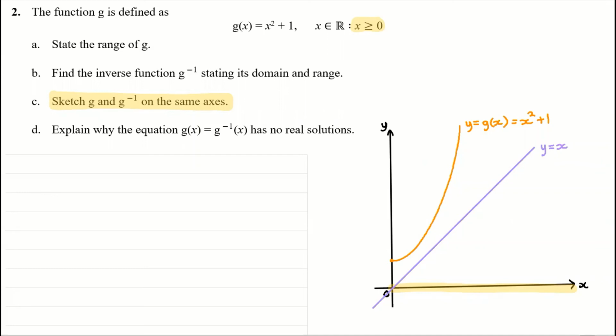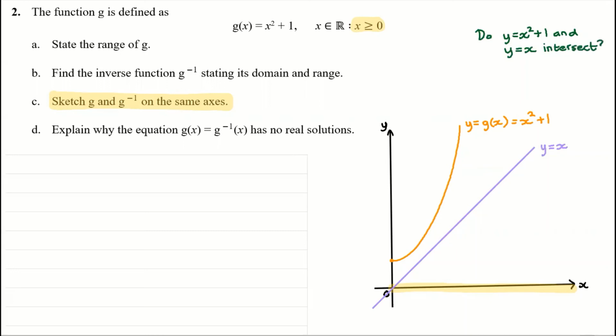This is just a little aside here. So if you're not sure, do y equals x squared plus 1 and y equals x intersect. Now, this could be a question from year 1, couldn't it?